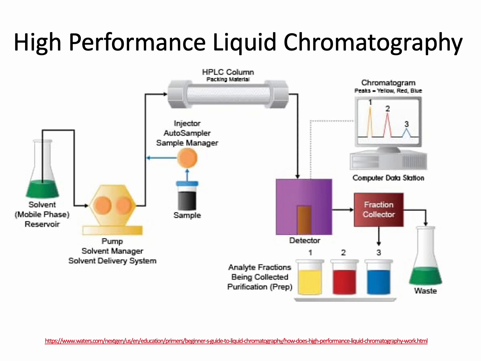The detector is going to send signals to a computer where we can see a chromatogram. We have different peaks, and at the same time, the detector allows us to collect different fractions. So those fractions that you see, number 1, number 2, and 3, in yellow, red, and blue colors, are analyte fractions that are being collected.